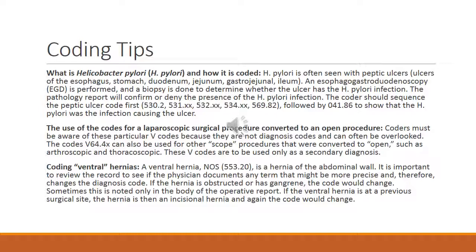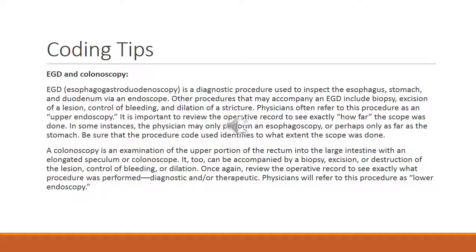Okay, now we're going to discuss EGD and colonoscopies. EGD, which is an esophageal gastroduodenoscopy, is a diagnostic procedure used to inspect the esophagus, stomach, and duodenum via an endoscope. Other procedures that may accompany an EGD include biopsy, excision of a lesion, control of bleeding, and dilation of a stricture.